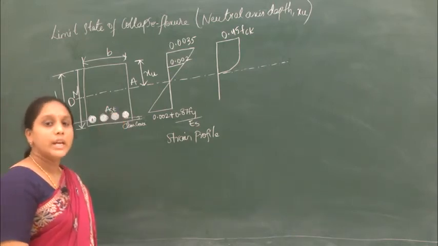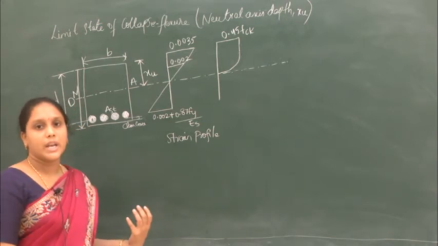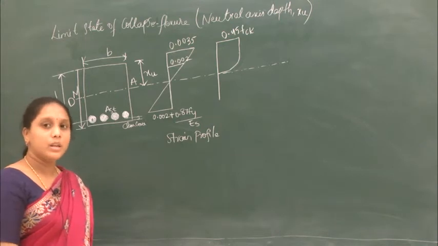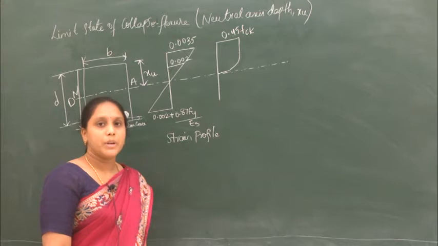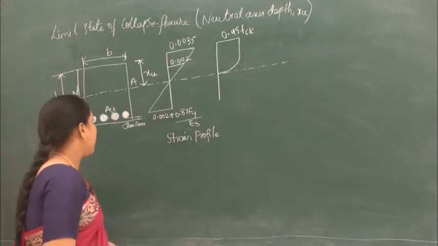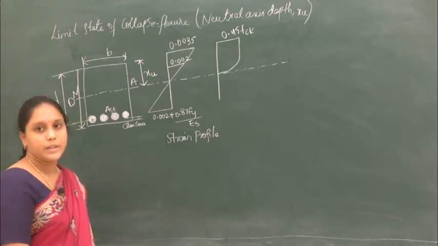But in the assumptions it is given that all the tensile forces are taken up by the steel reinforcement itself and none by the concrete. So the concrete is meant for taking all the compressive forces, and all the tensile forces are taken up by the steel reinforcement which is present here.